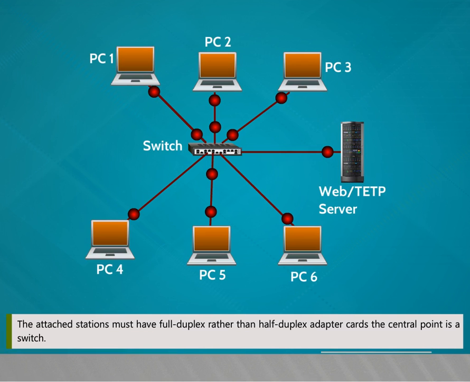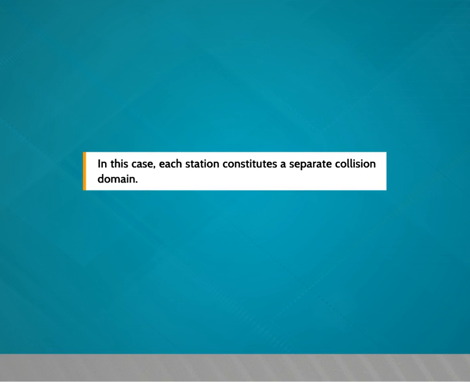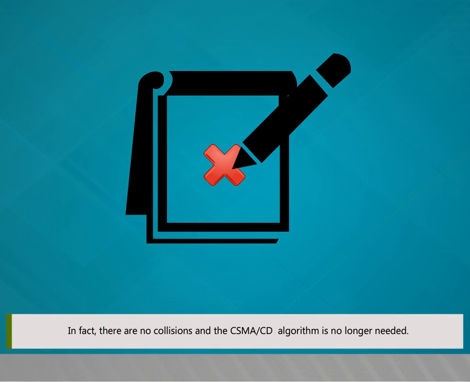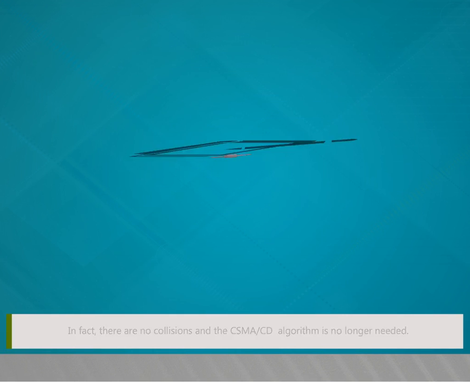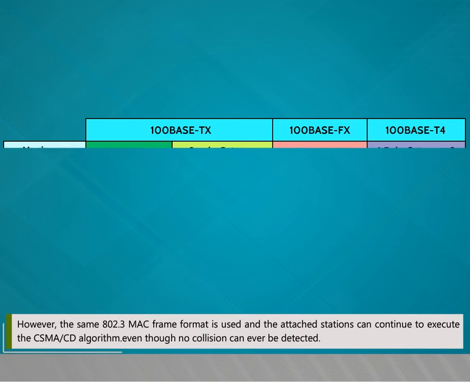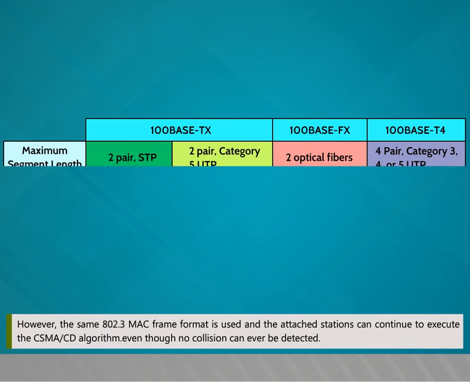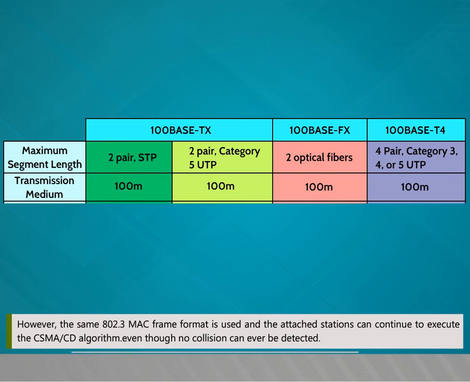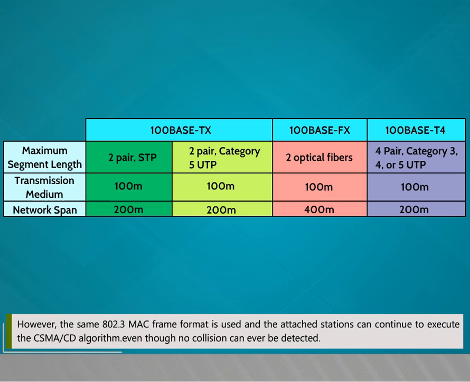The central point is a switch. In this case, each station constitutes a separate collision domain. In fact, there are no collisions and the CSMA/CD algorithm is no longer needed. However, the same 802.3 MAC frame format is used and the attached stations can continue to execute the CSMA/CD algorithm, even though no collision can ever be detected.